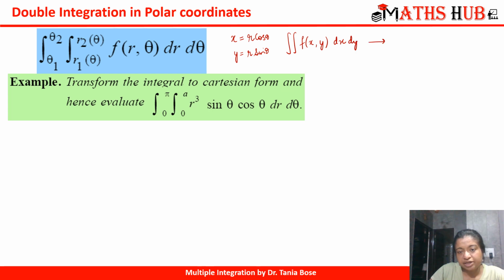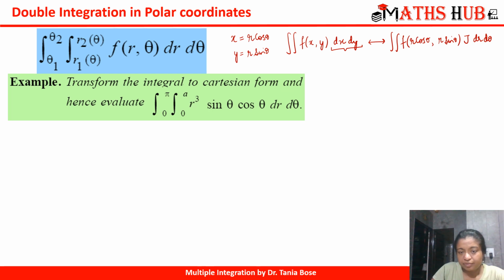How does this change? f of x comma y becomes f of r cos theta comma r sin theta. Now what happens to this dx and dy? This dx and dy will get changed to Jacobian dr d theta.